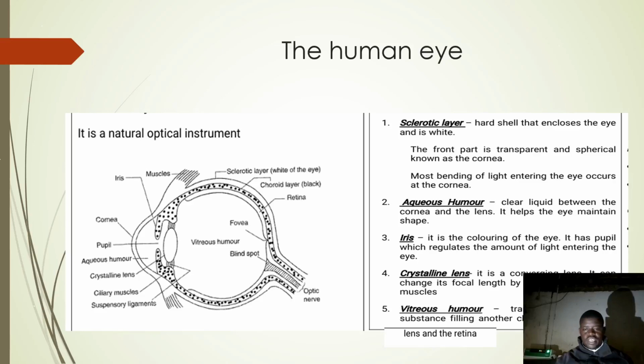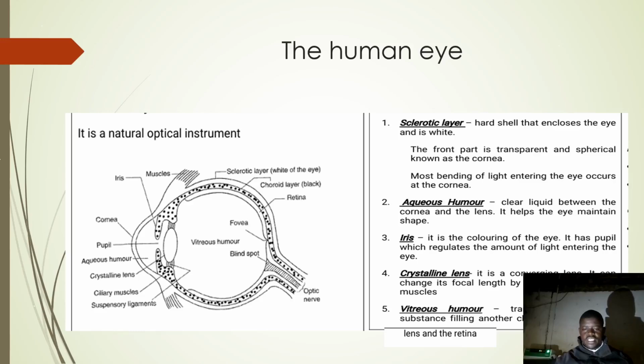Then we also have the iris. This is just the coloring of the eye. It has the pupil, which regulates the amount of light entering the eye, meaning if light is too much, it becomes small. If the light is of low intensity, then it enlarges. Then we have the crystalline lens.